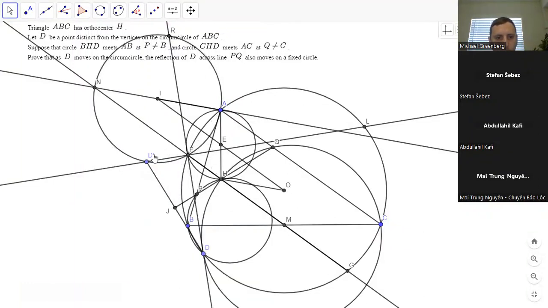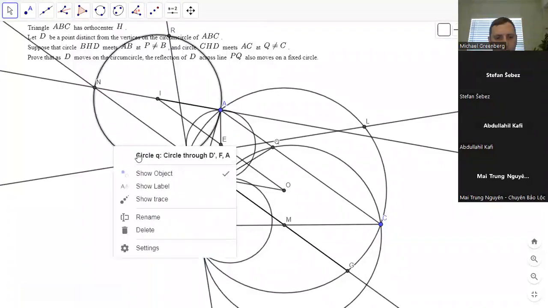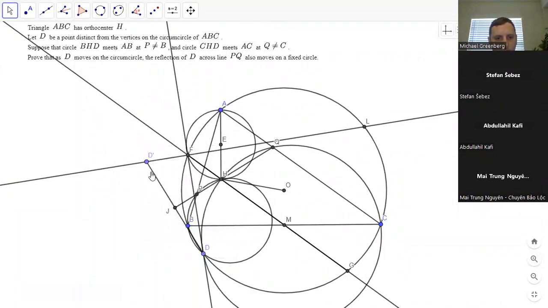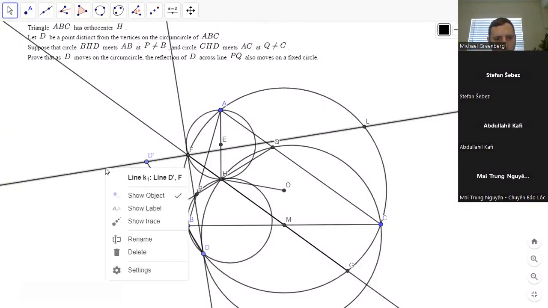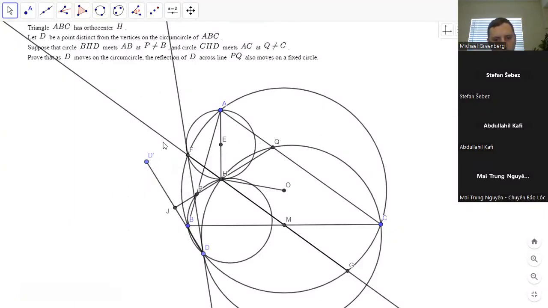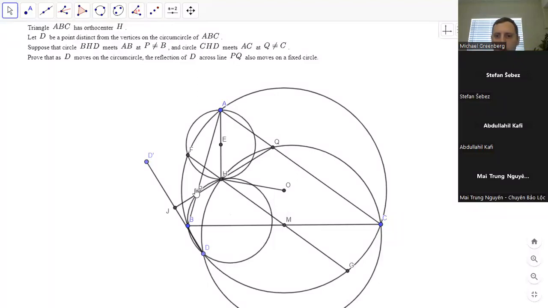Let's delete a bunch of stuff first. Let's make it look cleaner. Delete. Delete this. Okay. OHD prime X.